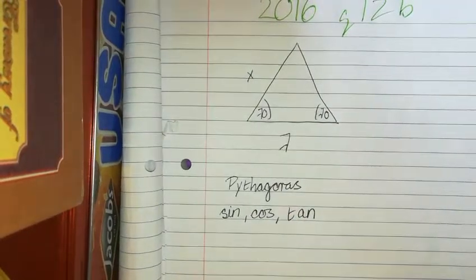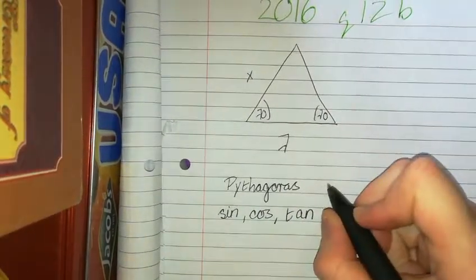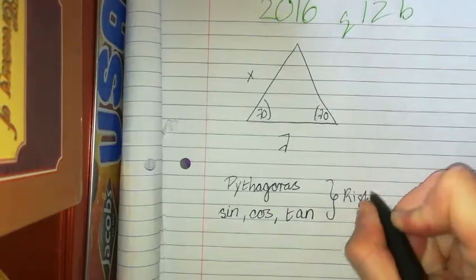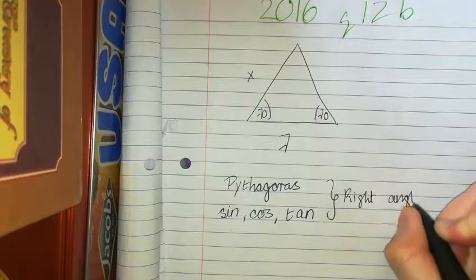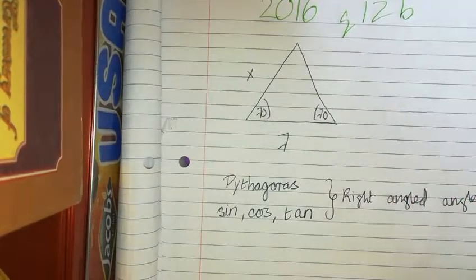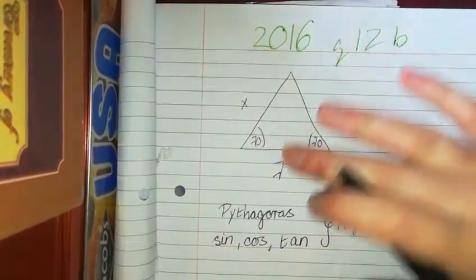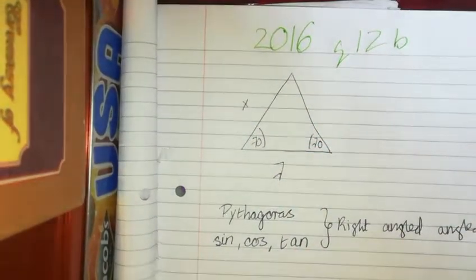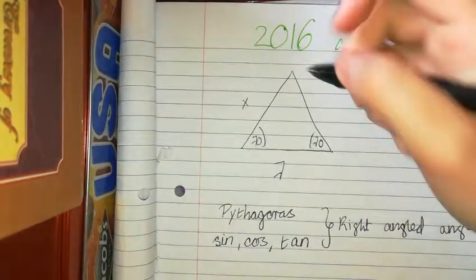That's all. For Pythagoras and for sin, cos and tan, we need it to be a right angle triangle. So we have no ways of solving when it's not a right angle triangle, and when we get into this situation, we have to make it into a right angle triangle.